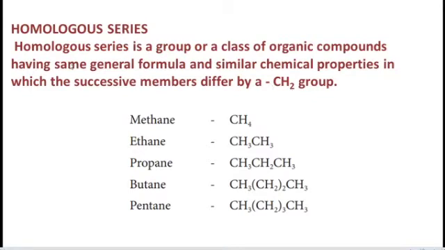What is homologous series? Homologous series is a group or a class of organic compounds having the same general formula and similar chemical properties, in which the successive members differ by a CH2 group.